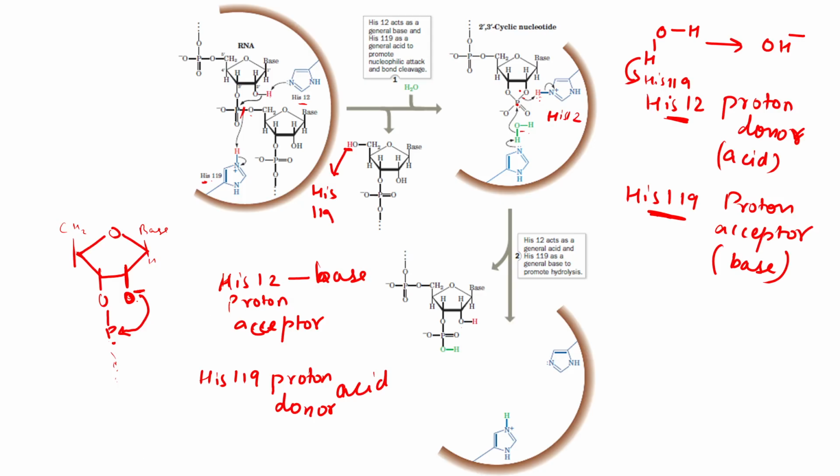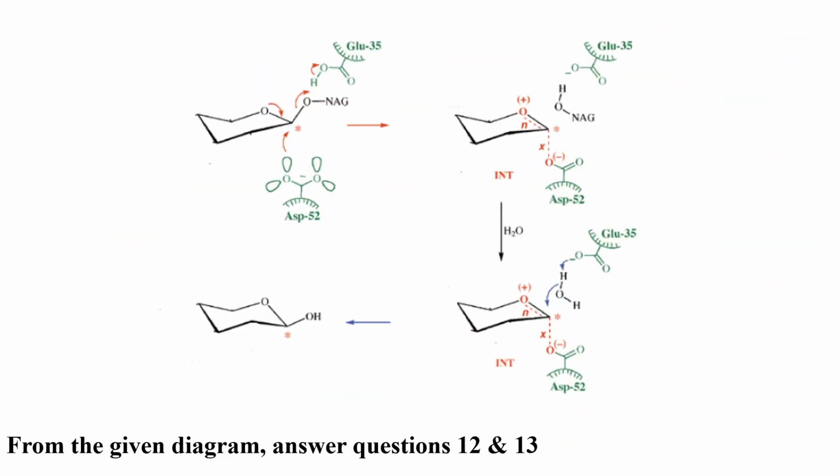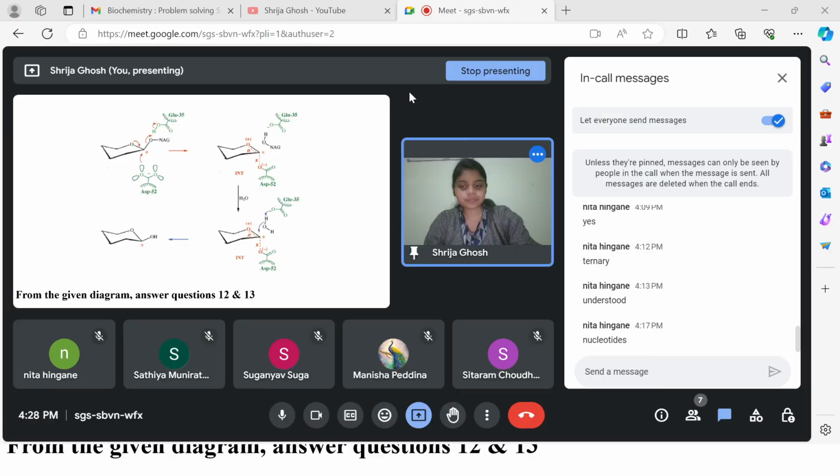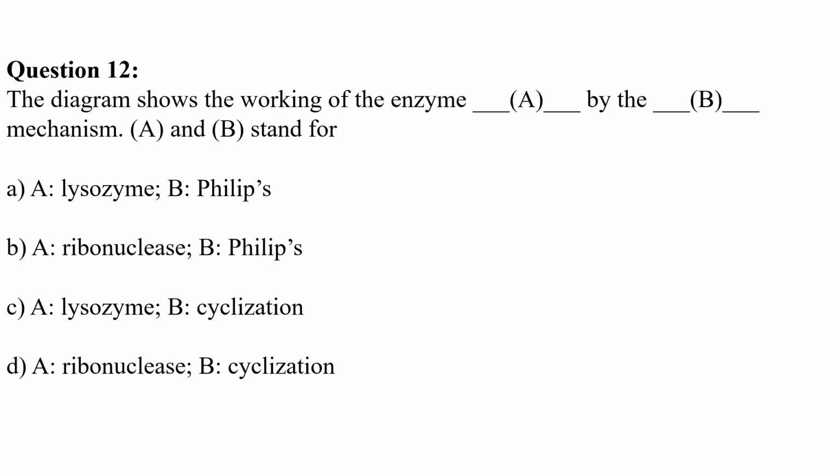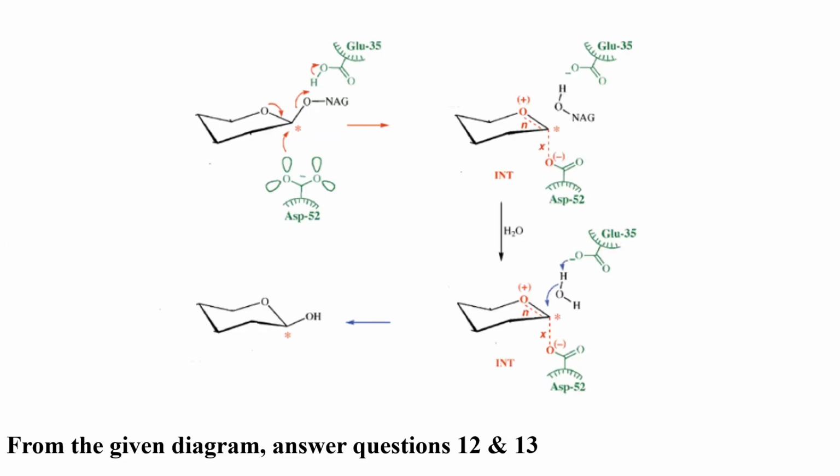Okay, so for the next two questions, go through this mechanism first. From the given diagram, we have to answer question number 12 and question number 13. Question number 12 is, the diagram shows the working of the enzyme dash by the dash mechanism.